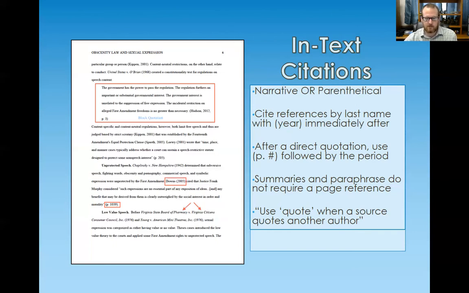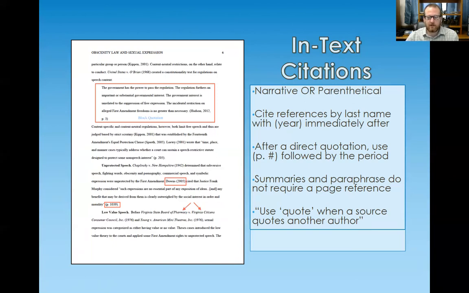So we see a few examples of that here, where we have United States versus O'Brien, where we have Chaplinsky versus New Hampshire. We have here Downs, that's the author that he's citing there. And that's narrative citation, okay? And that, generally speaking, is going to be better if you're doing paraphrasing. For sure, it's better.